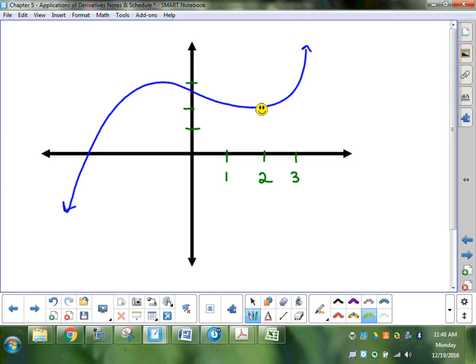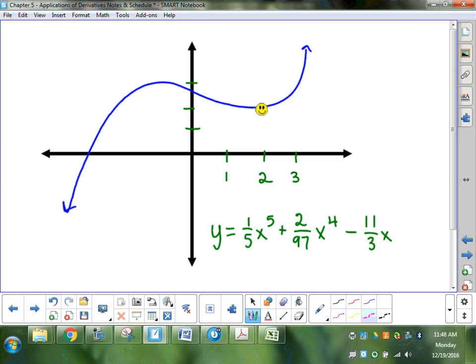And the equation is probably going to look something like x to the 5th over 5, plus 2/97 x to the 4th, minus 11/3 x to the 3rd, and so on. See how that's awkward, and you're not going to be able to do that by hand. However, you can approximate what the function's value at 2 would end up being. And the way to do it is kind of easy.